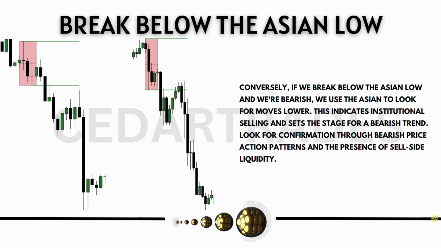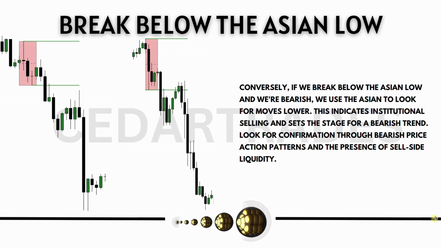Conversely, if we break below the Asian low and we are bearish, we use the Asian low to look for movements lower. This indicates institutional selling and sets the stage for a bearish trend, and we look for confirmation through bearish price action patterns and the presence of sell-side liquidity.